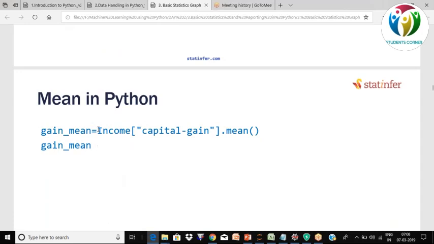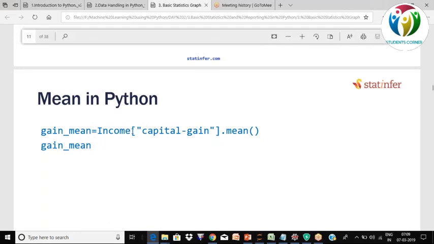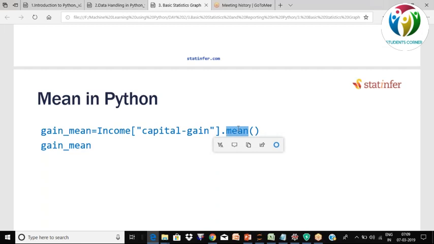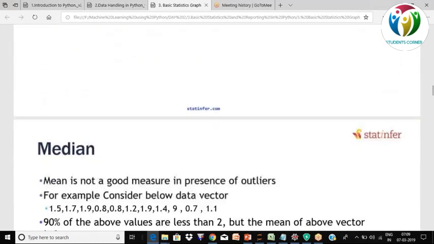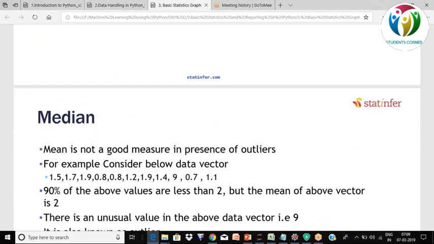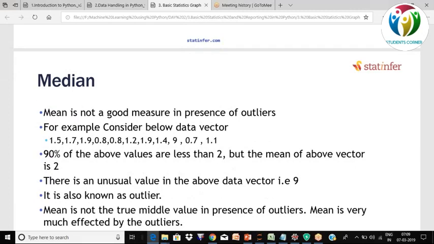This is the data frame, and in the data frame, you are looking at this column. You want the mean of the capital-gain column. What is the function you will use? It is mean. So that is straightforward.